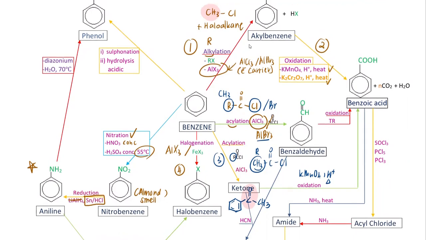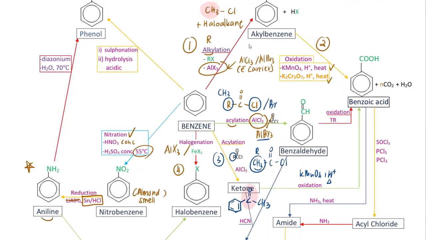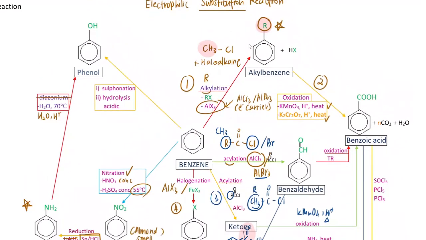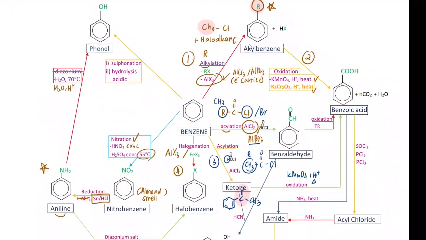When we further convert aniline, we form phenol by only acidic hydrolysis. You just add a little bit of dilute acid and it forms phenol.